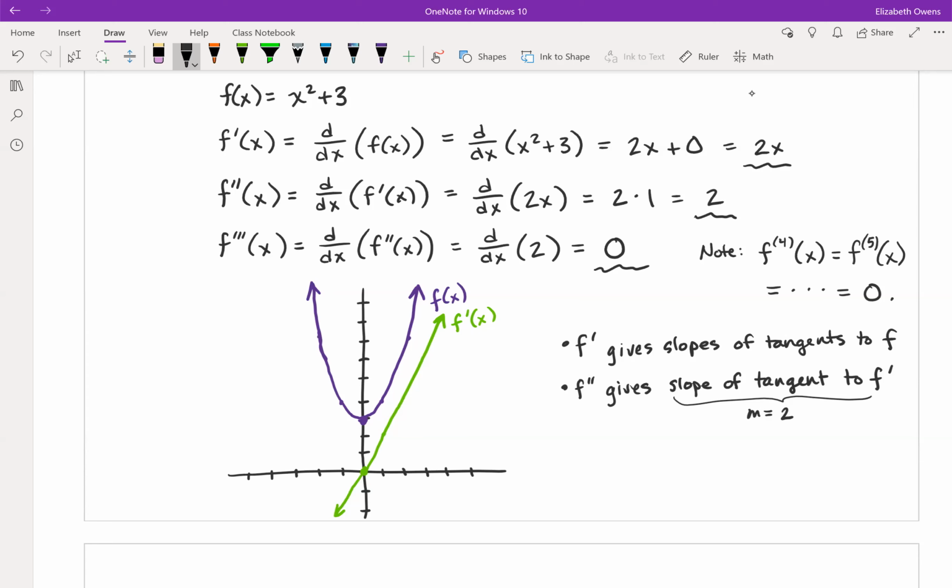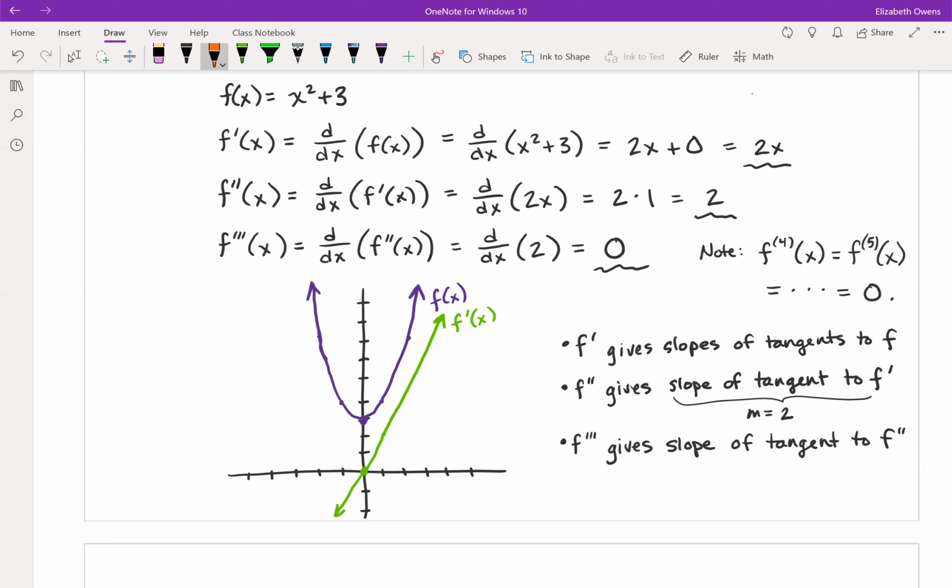So that actually comes in when we look at f triple prime. F triple prime gives the slope of the tangent line to f double prime. So we should put f double prime on this graph as well.